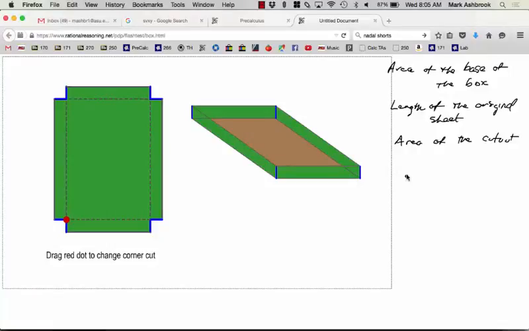Another volume of the resulting box. Okay, what else? Is it Nick? No, Eric. Is it Eric? Yeah. Another changing quantity in the situation. Height of the box.